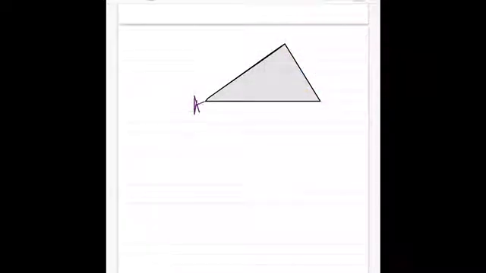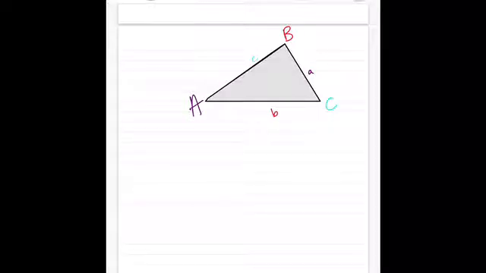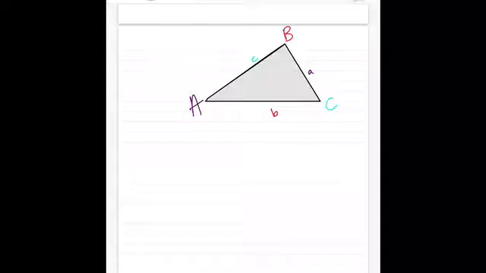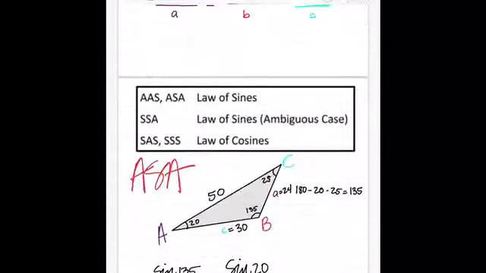All right, so let's go ahead and label this thing. A, B, C. Okay, so let me give a couple of values here. I'm going to erase a couple of them so that we're doing, what are we doing? I forgot already.